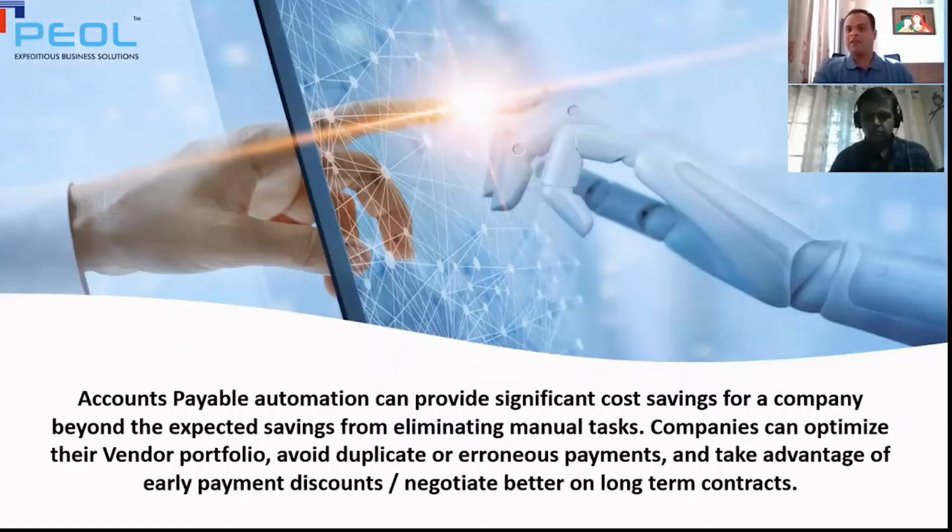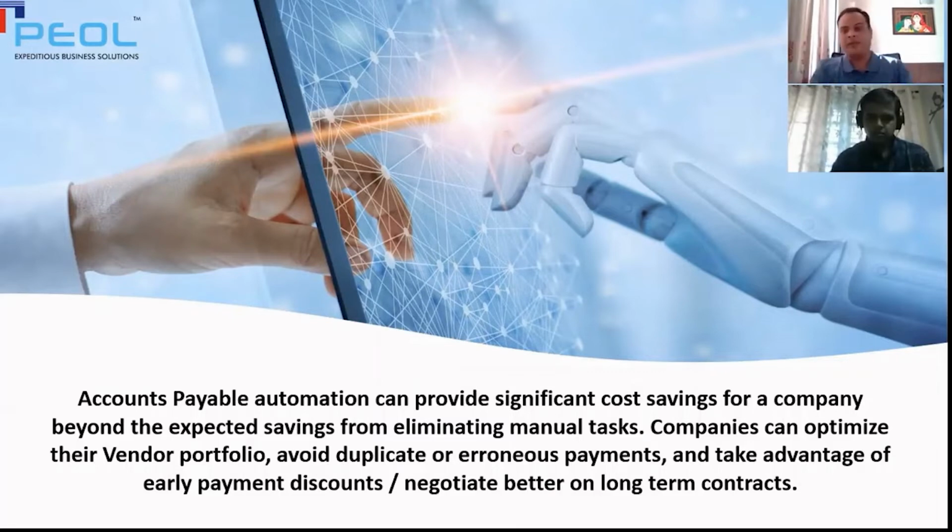To ensure that all these challenges and all the impacts that you saw on business are addressed, what we need is accounts payable automation, which can provide significant cost savings for the enterprises, for the companies. It can eliminate the manual tasks or entries that are done.